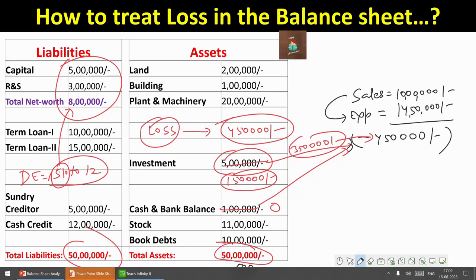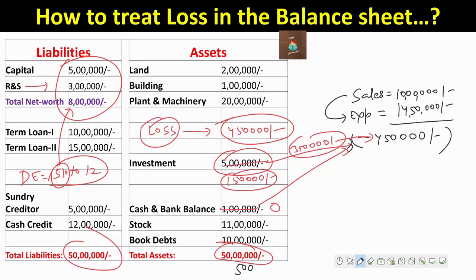Why? Because it is a source of fund in the balance sheet. So whenever you find such a loss entry on the asset side of the balance sheet, what you are supposed to do is simply cut this 4,50,000 from the asset side. The moment you cut 4,50,000 rupees, the asset side will be reduced to 45,50,000.